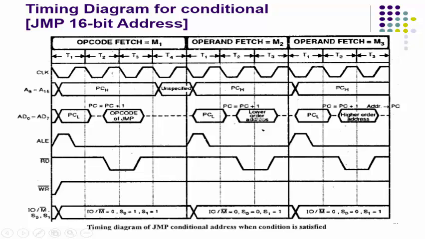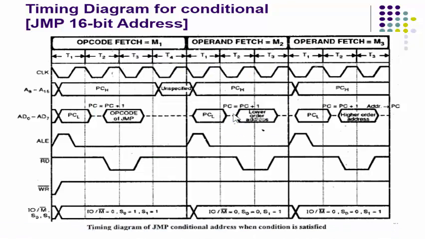Finally, after reading the higher order address, this control signal is made high by the memory device to tell the processor data transfer is over. So in this particular timing diagram, the processor always fetches the lower byte, that is the lower order address, and then the higher order address.